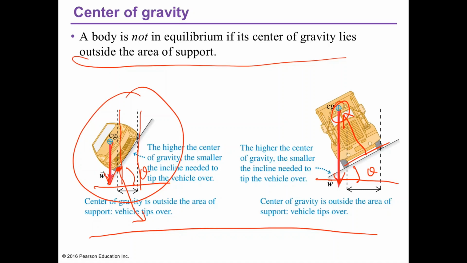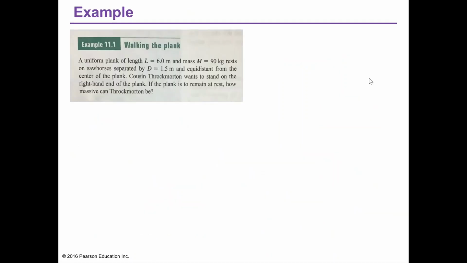Okay, now let me give you an example where you can actually apply what we just learned. Basically, you want the line of center of gravity to fall between the supporting area for an object to be in static equilibrium. So here's an example.